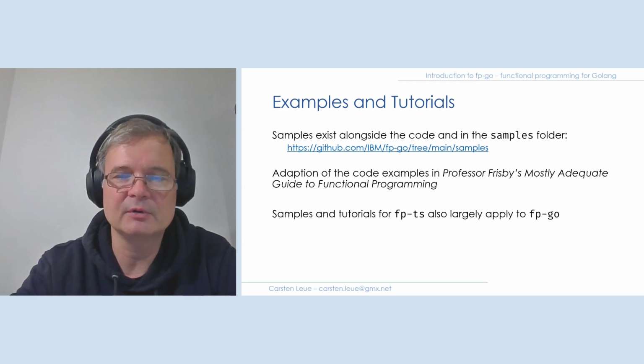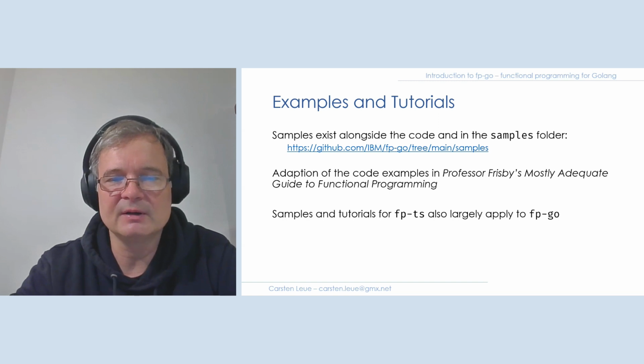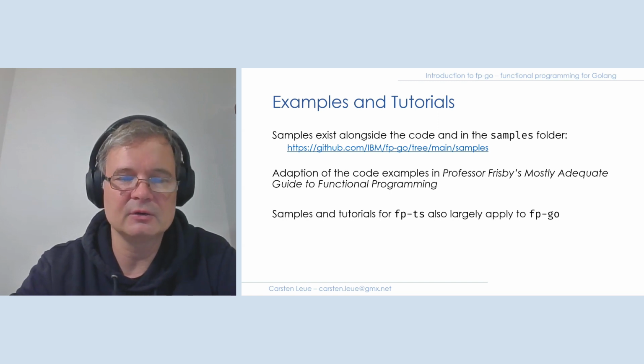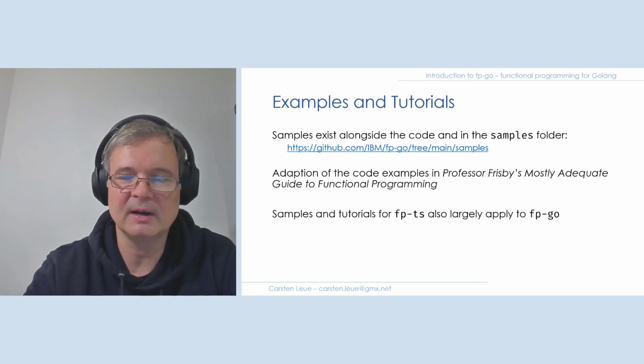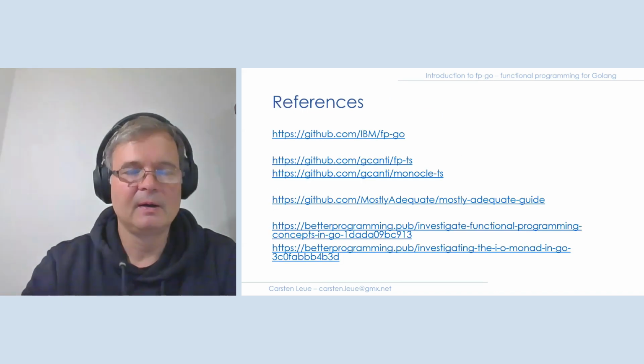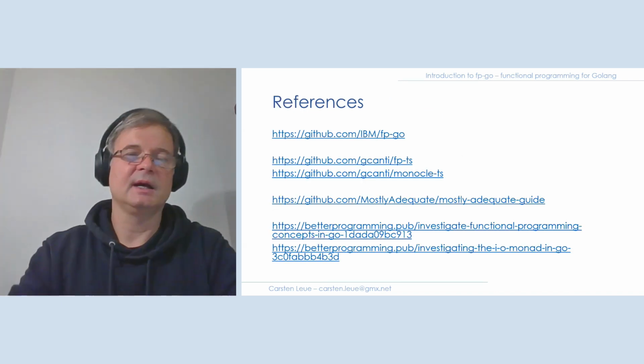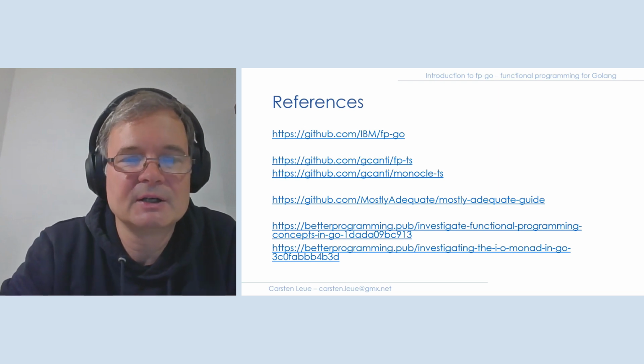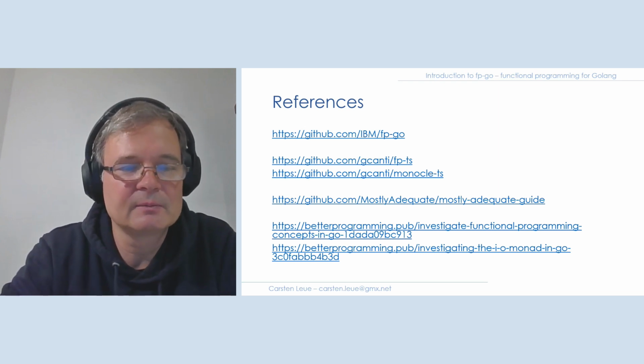So you can follow that book and compare how it looks in FPGO. And since it's so similar to FPTS, many of the tutorials you find for FPTS also apply to FPGO. So with this slide of references, I would conclude my presentation, and thanks a lot for listening. And maybe we have a minute or two for questions, and then I would hand over.